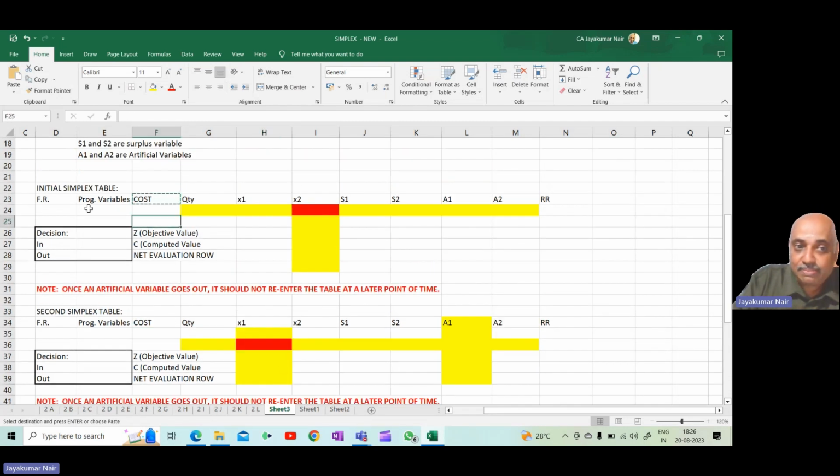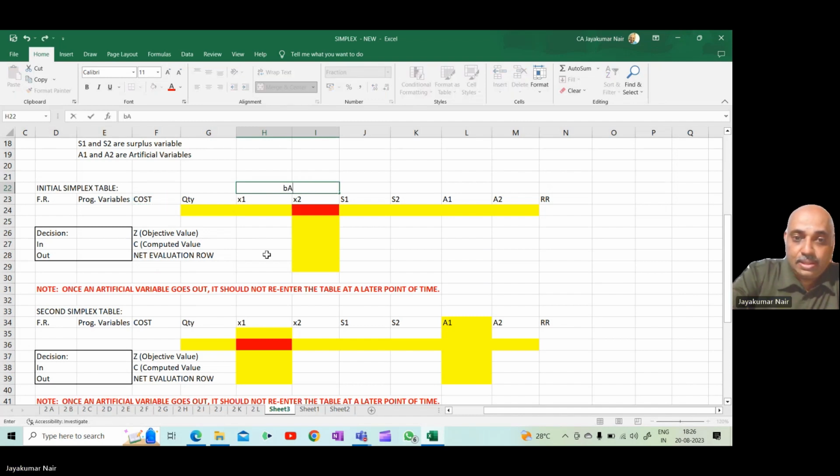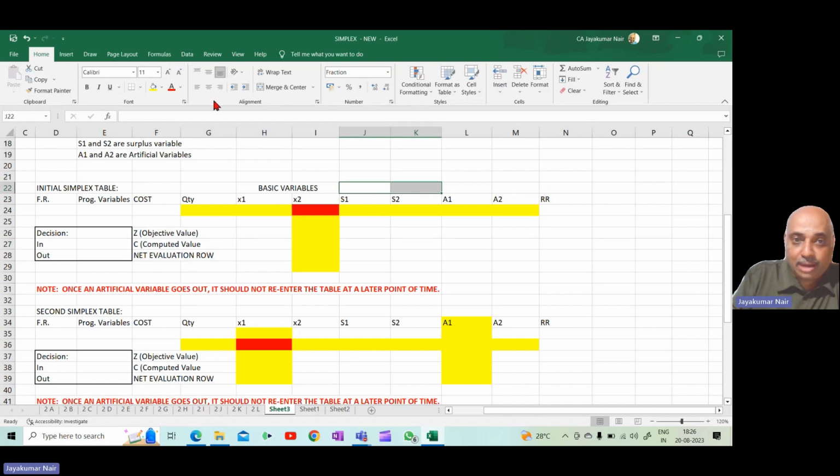So I will write here program variables, cost, quantity, x1 and x2. These are the basic variables. And these two are the surplus variables. And these two are artificial variables.